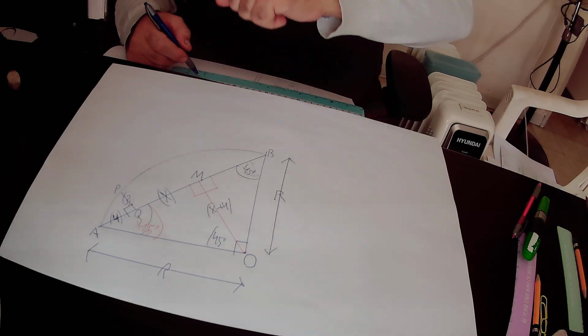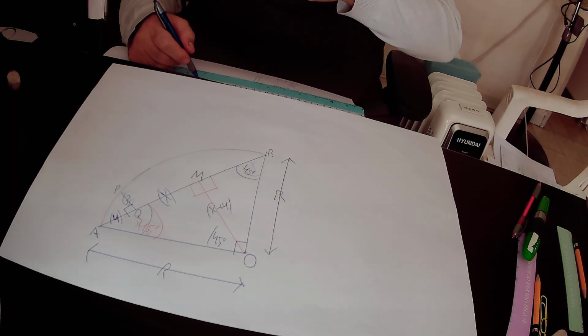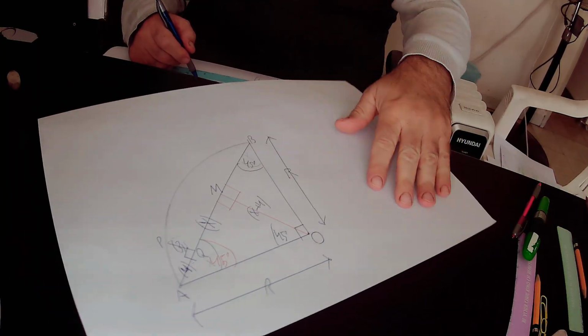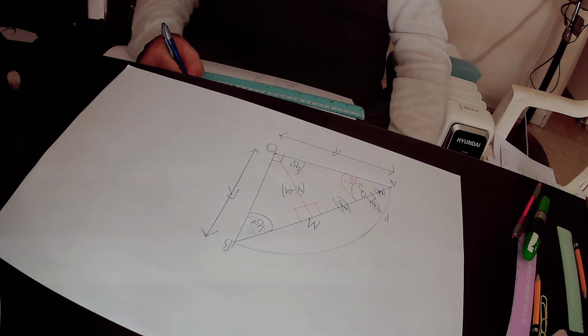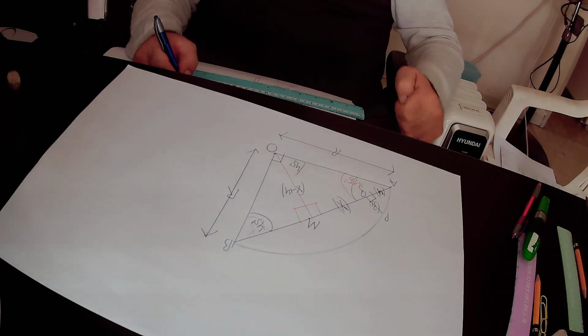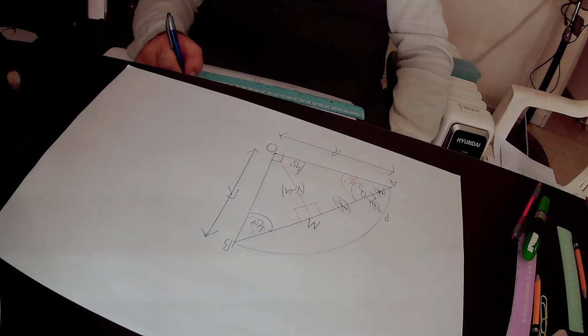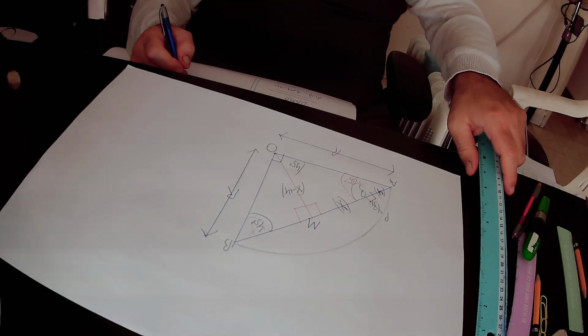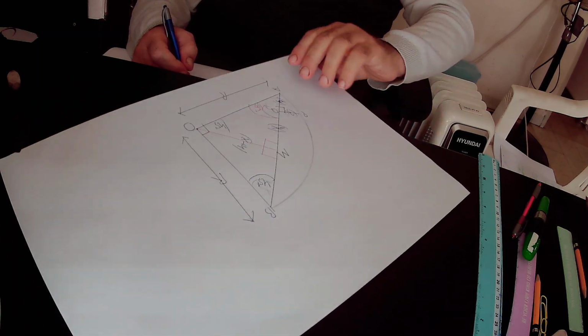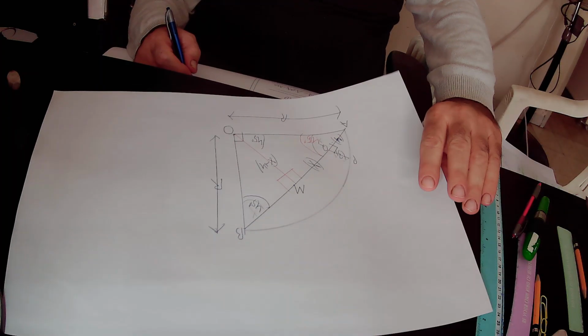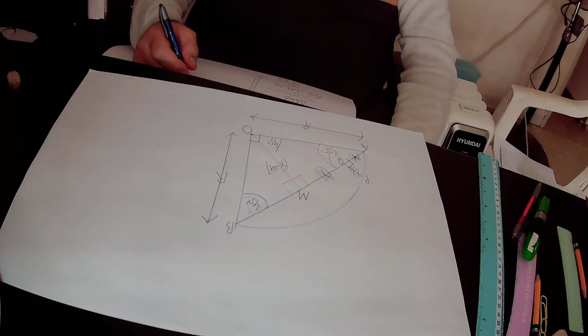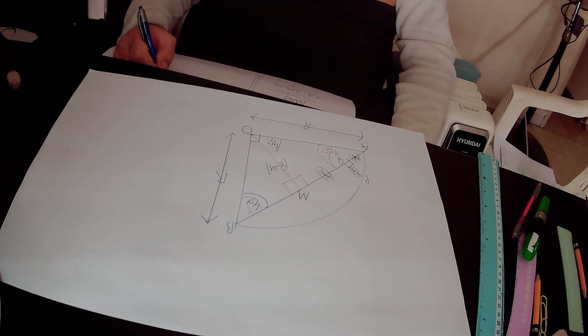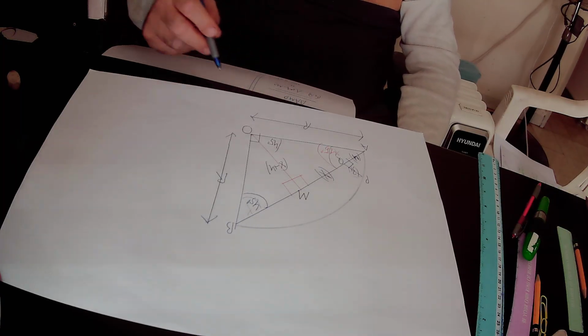So this right triangle AMO, according to the Pythagoras theorem, AO squared, that is the square of the hypotenuse, equals AM squared plus OM squared.